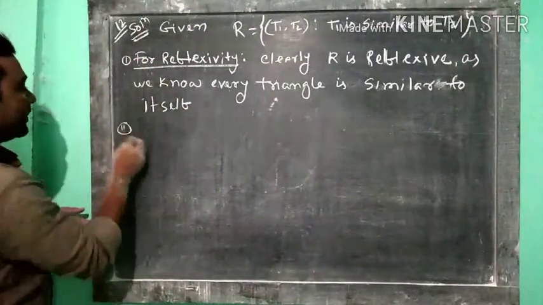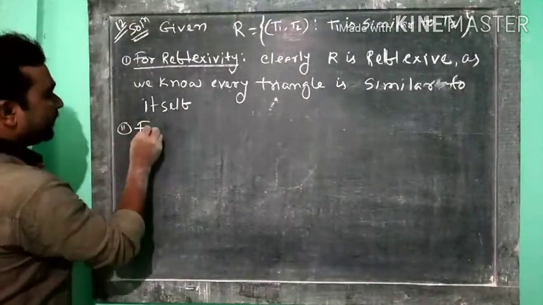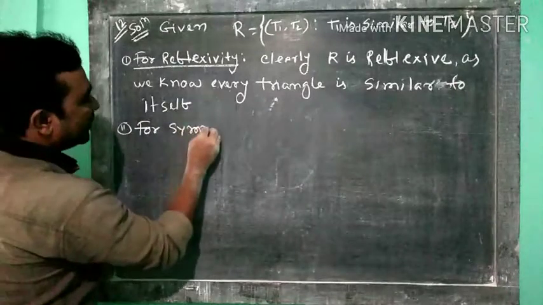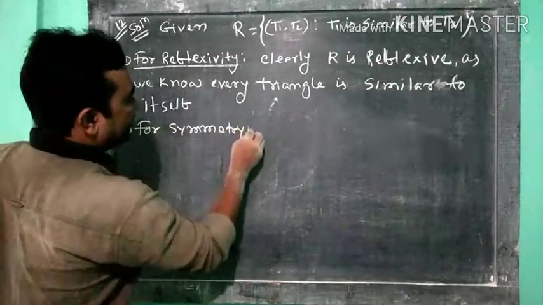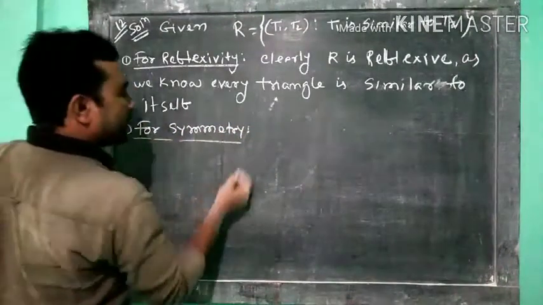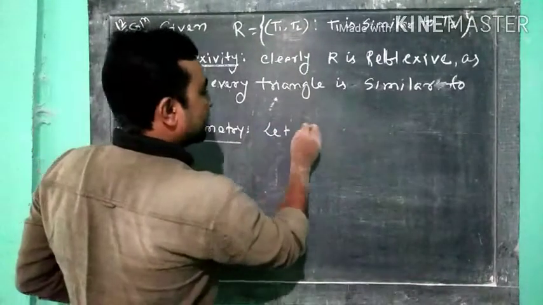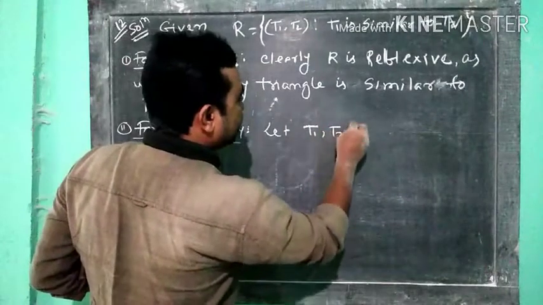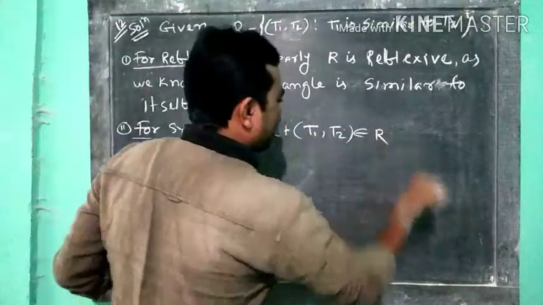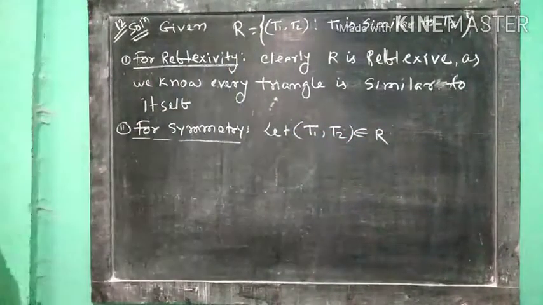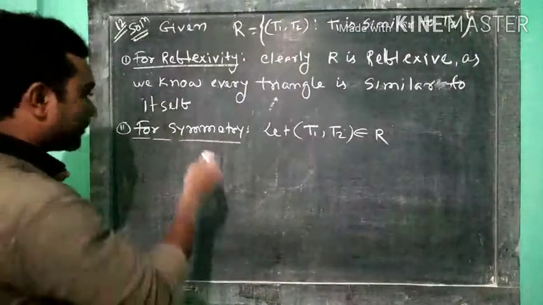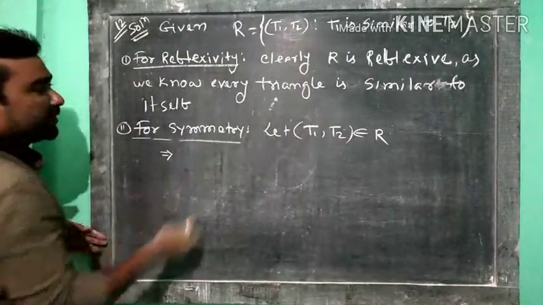Number 2, for symmetry. So the second condition, we have to show symmetry. For symmetry, first we take two elements from R. Let (T1, T2) belong to R. We are taking two elements from R. So according to the given condition, what is the given condition?